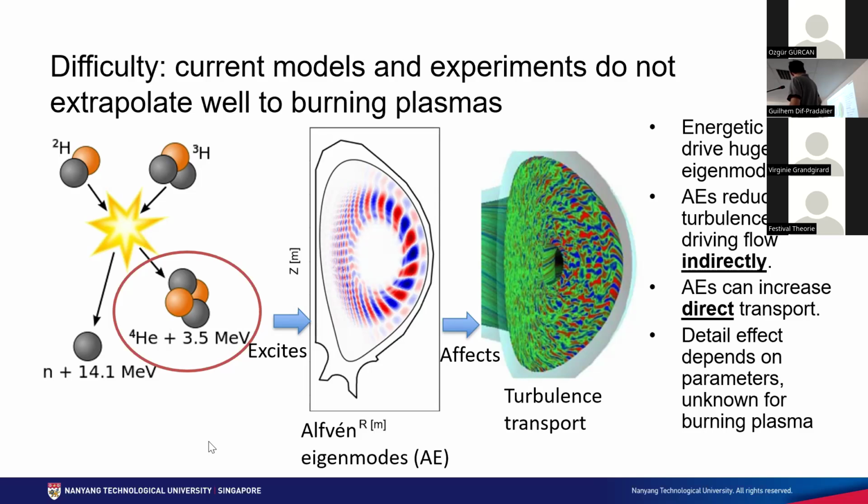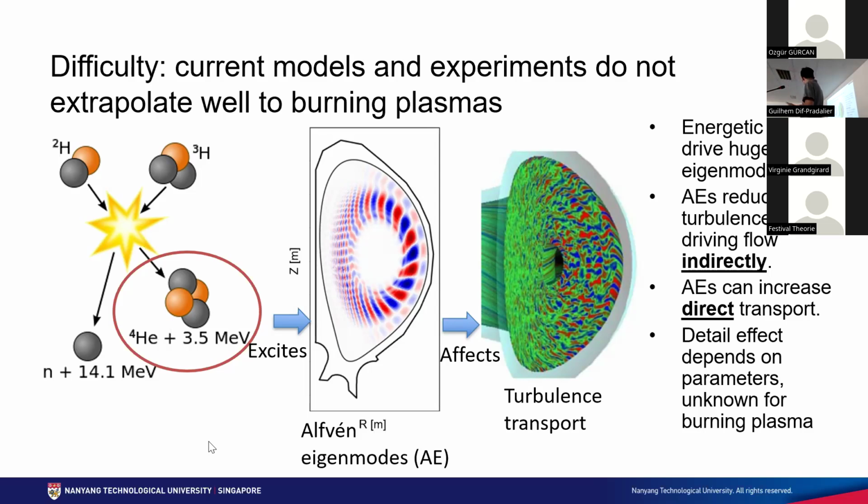The birth energy is 3.5 MeV. As they go around the plasma, they collide with the background and slow down. But in the end, you will get a soup of background plasma, and on top of that a population of what we call fast particles. The energy of the fast particles is in the range of MeV, a few hundred keV, but basically they stand out because their energy is high.